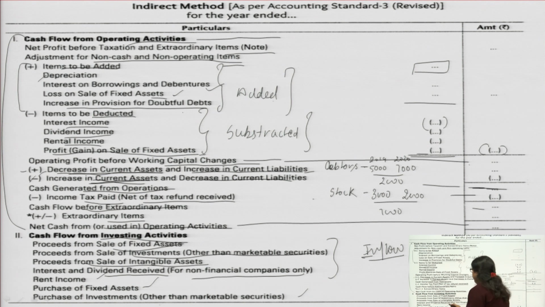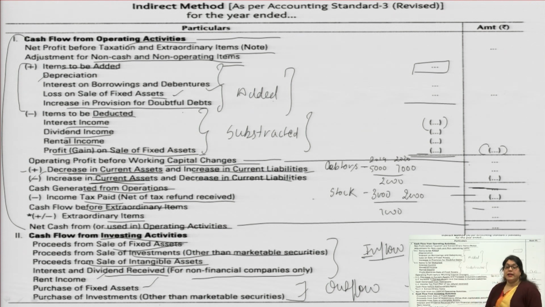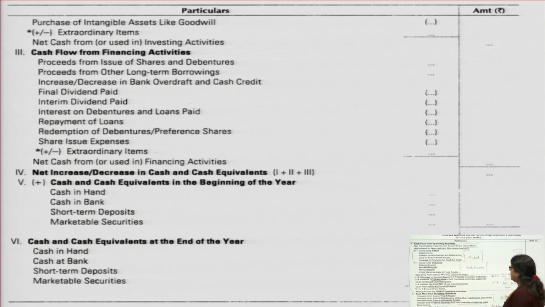And by these two, purchase of fixed assets and purchase of investments, it is your outflow, and this will be considered as minus in your investing activities.